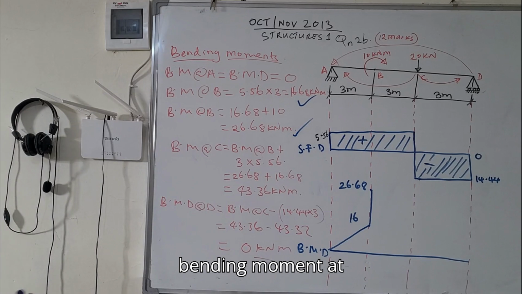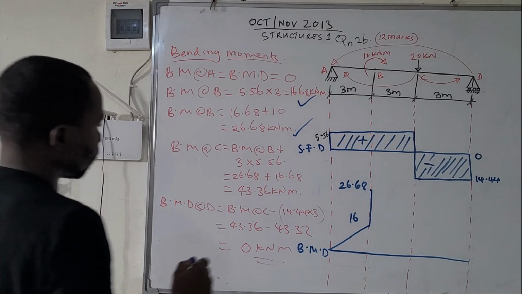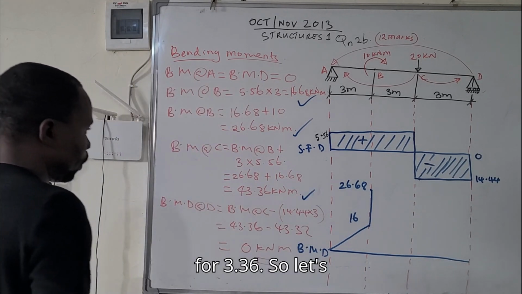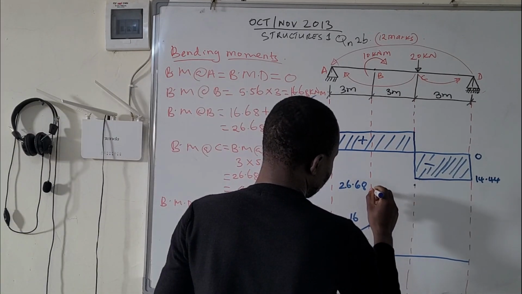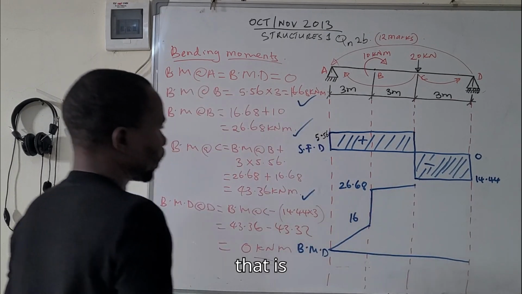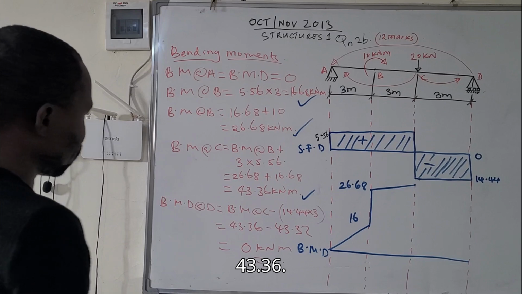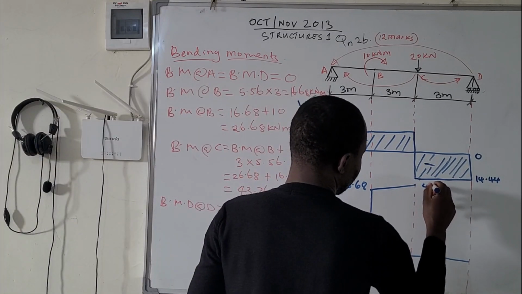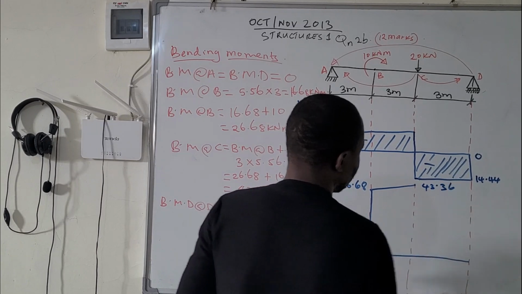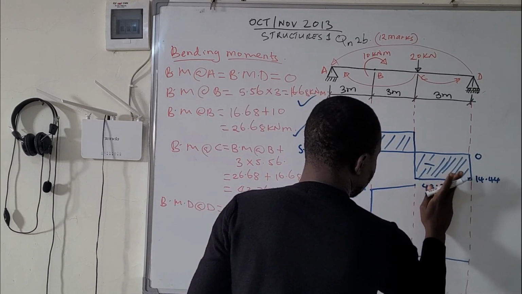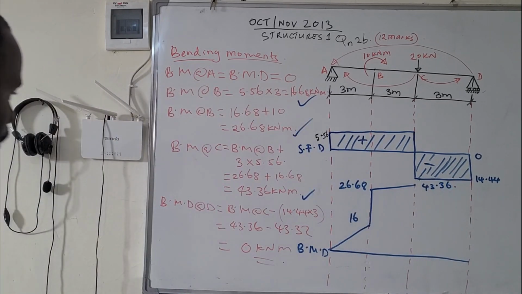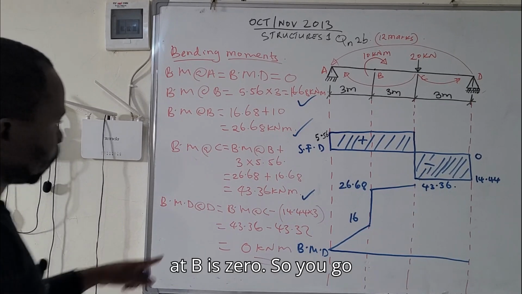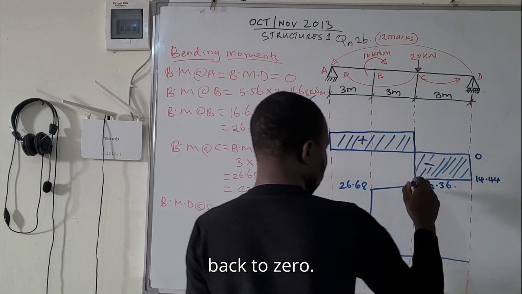Then bending moment at C. At C, we have 43.36. So let's say somewhere like there, that is 43.36. And then at D is 0, so you go back to 0.